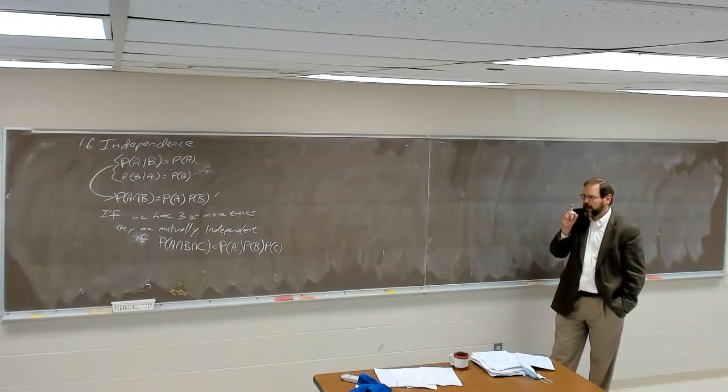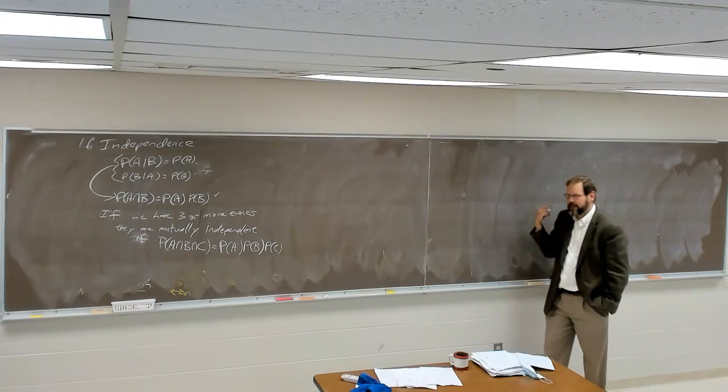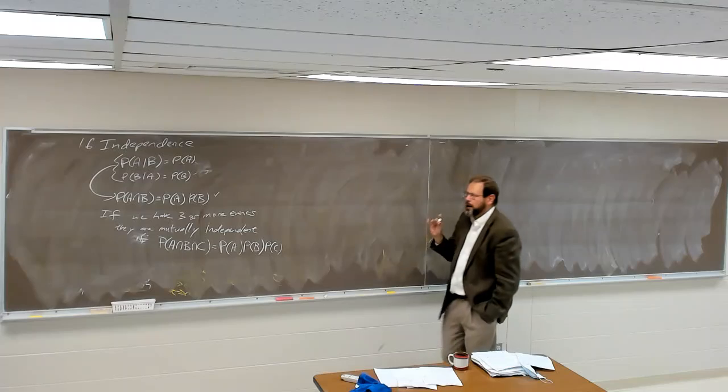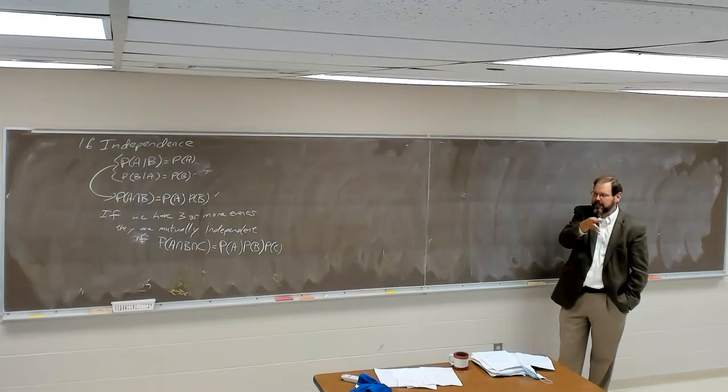And just to point out, and this was an example we discussed at the end of class, there's an example in the book in 1.6 where we flip a coin twice.